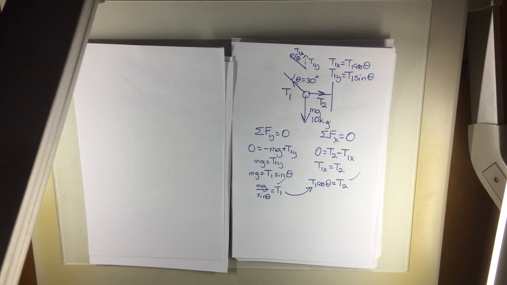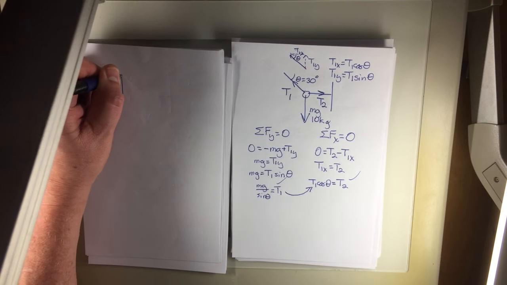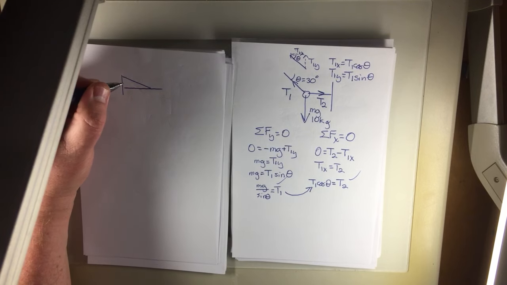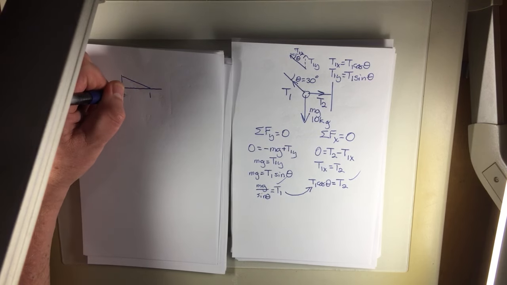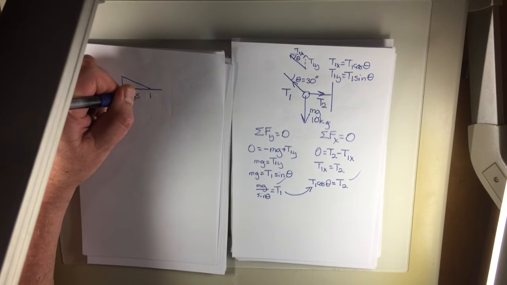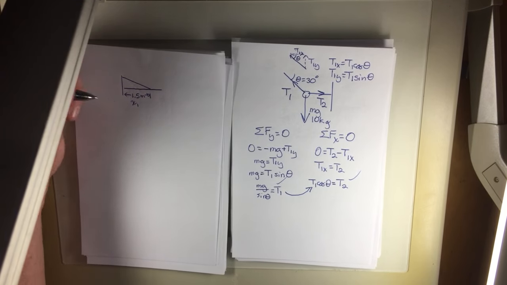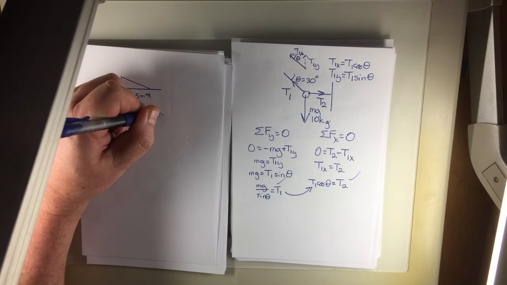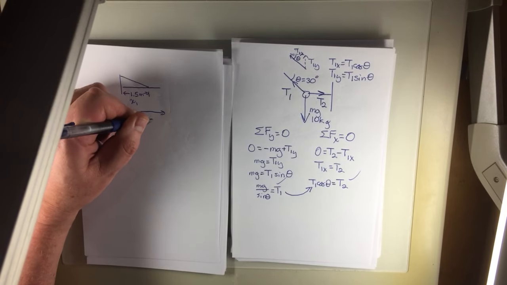All right, number 12. We have a sign. This is very similar to the problem that we did on Tuesday. We have this distance, 1.5 meters. I'll call that x1. And then I gave you the total length here. x2 is equal to 2 meters.